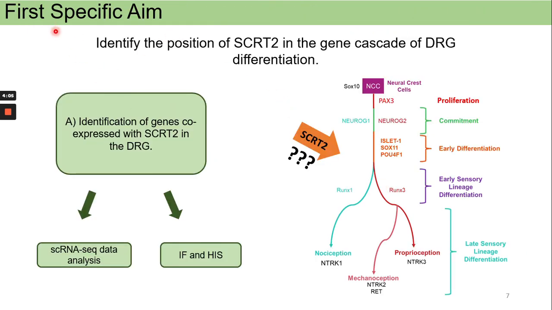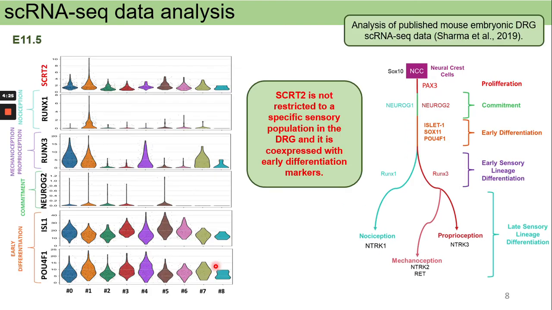So our first specific aim was to identify the position of SCRATCH2 in this gene cascade of the DRG differentiation. For that, we tried to identify genes that are co-expressed with SCRATCH2 in the DRG, through the analysis of single-cell RNA-seq data and through analysis of immunofluorescence and in situ hybridization.